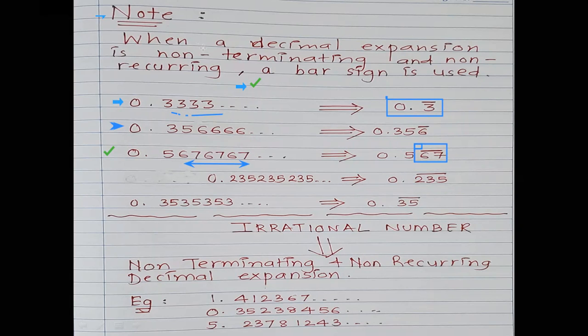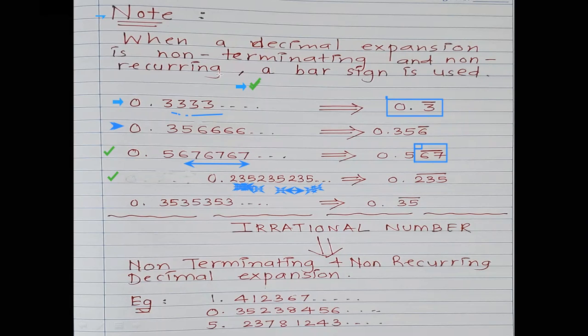Let us take one more example. The number is 0.235235235. Can you tell me which number is getting repeated? Yes, the number that is getting repeated is the number 235.